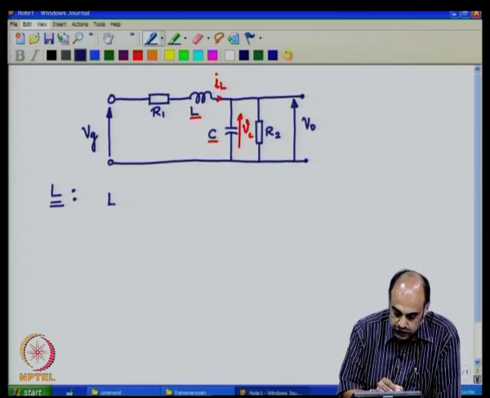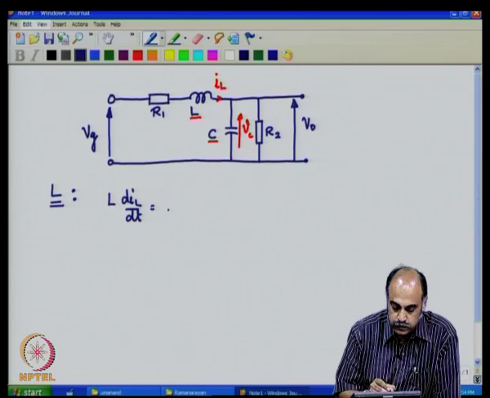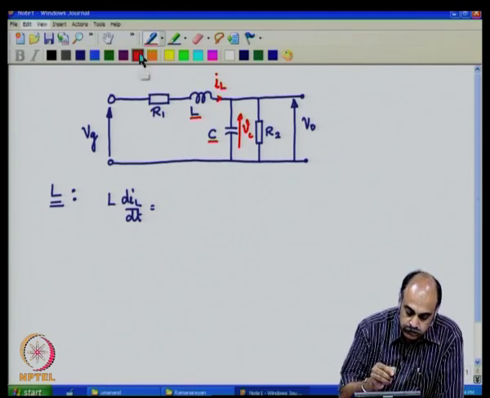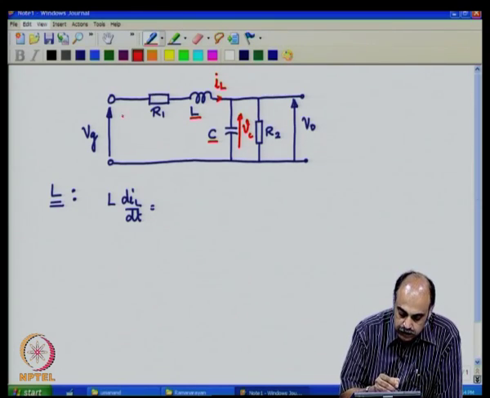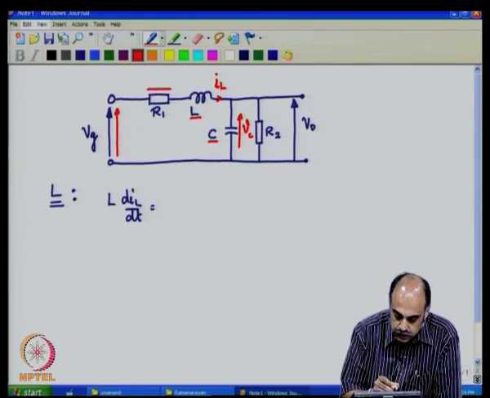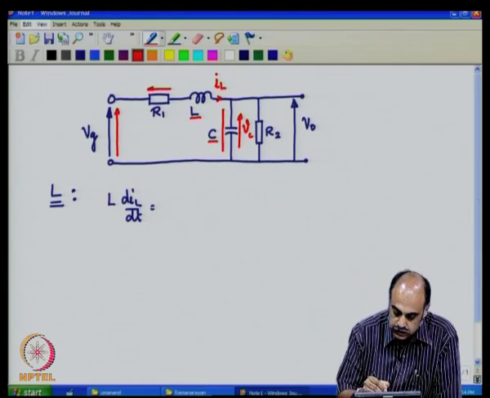Now, we know that L dIL by dt should be equal to the voltage across the inductor, and in this case the voltage across the inductor is nothing but this voltage minus this voltage minus this voltage.